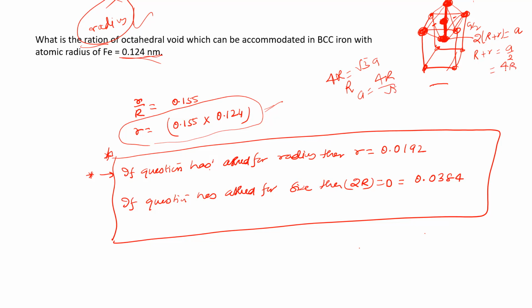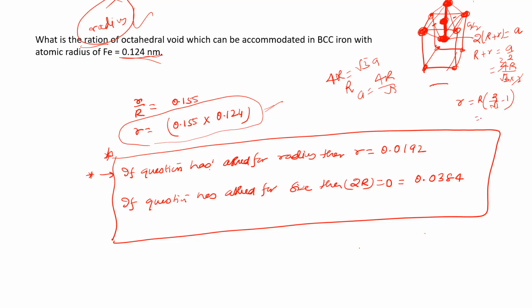So 4R by root 3 into 2 gives 2R by root 3... so r is equal to R times (2 by root 3 minus 1).